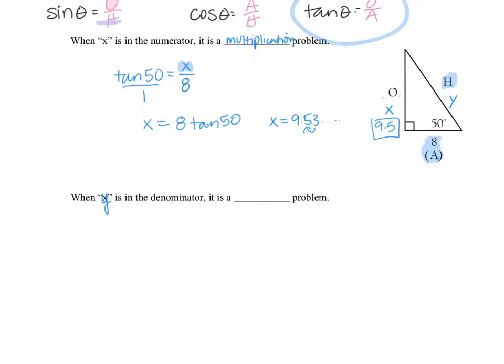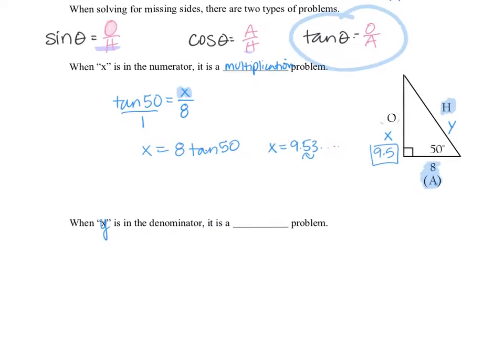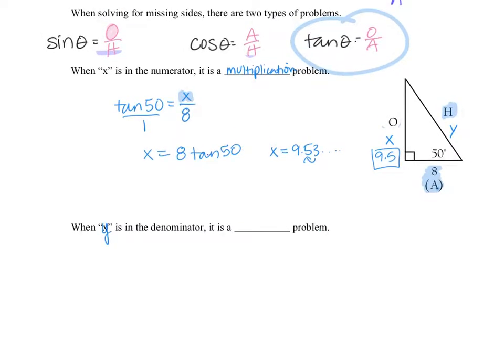A and H is going to be cosine. So this is going to be a division problem. We're going to do cosine of theta, which is 50, equals adjacent 8 over hypotenuse Y. When Y is down in the denominator, it's a division problem.